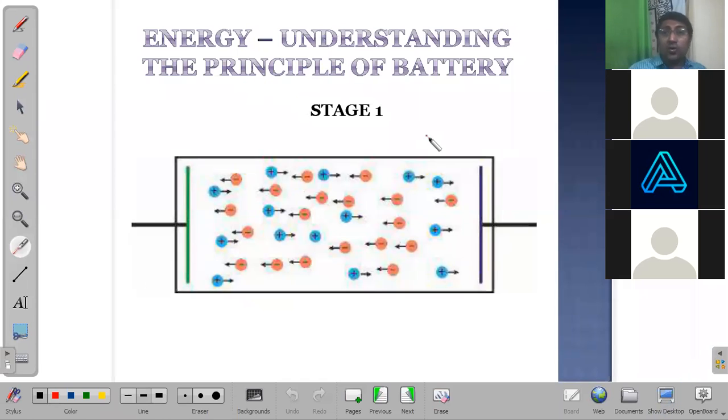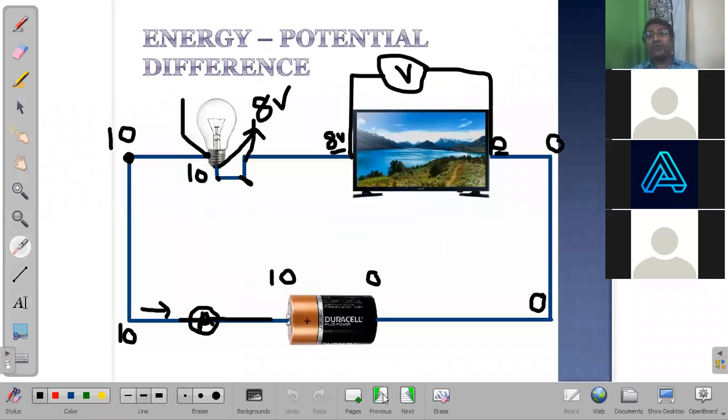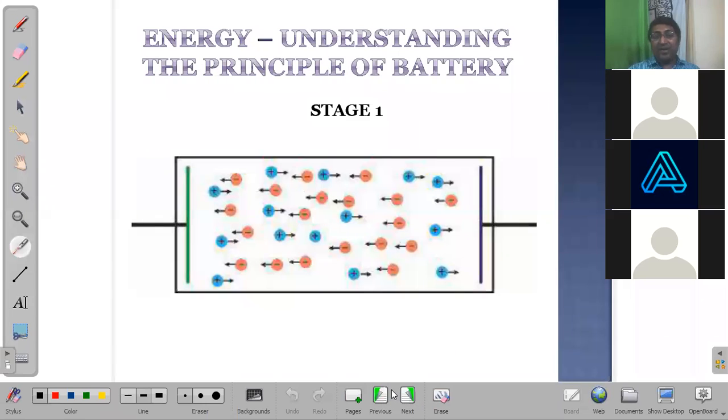All right. So let's understand the principle of a battery. Before we actually do battery, I have a few questions, guys. I know some of you are not prepared for this extensive theory. We are doing a lot of theory. The reason is Amir sir did not want you to just think about your 10th class. He wants you to have complete understanding.